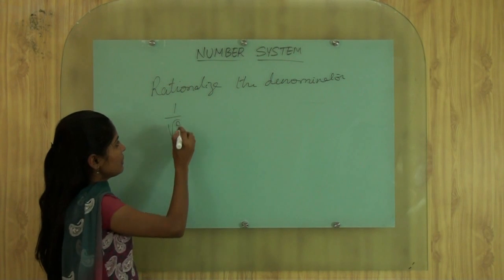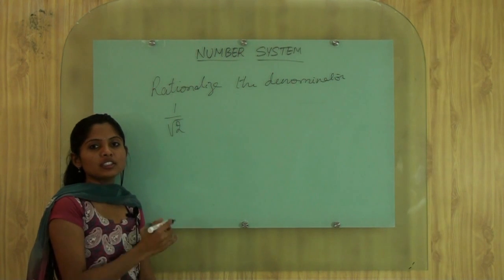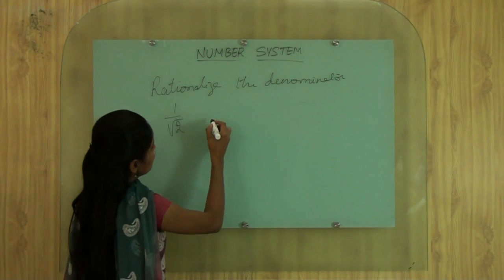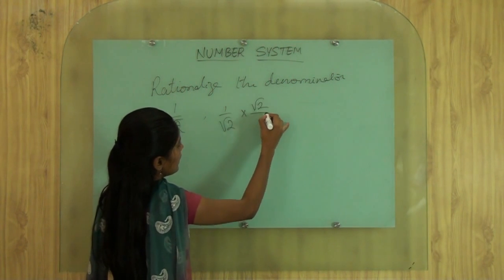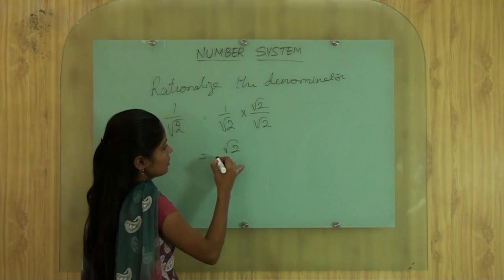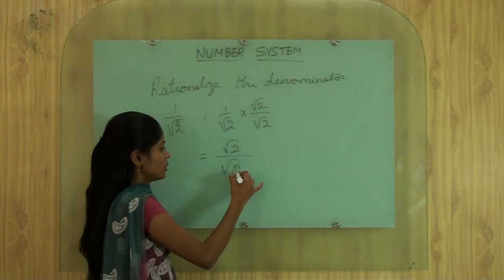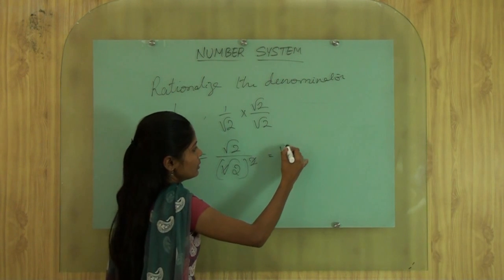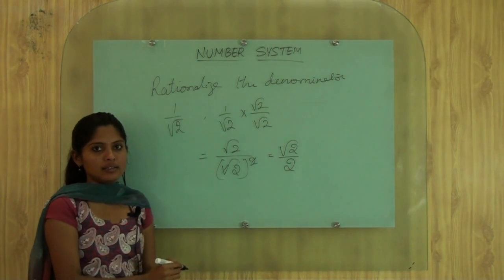You have to multiply this value 1 by root 2 with root 2 to the numerator as well as to the denominator. 1 by root 2 into root 2 by root 2, which is equal to root 2 by root 2 into root 2 is root 2 to the whole square. 2 and root will get cancelled. The value is root 2 by 2. This is the answer.